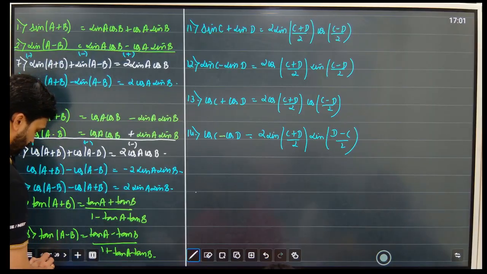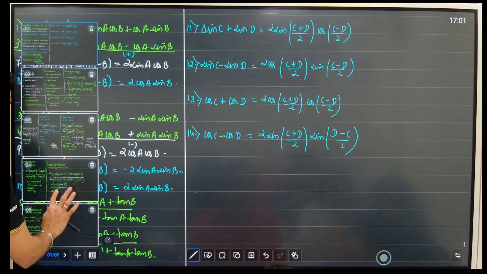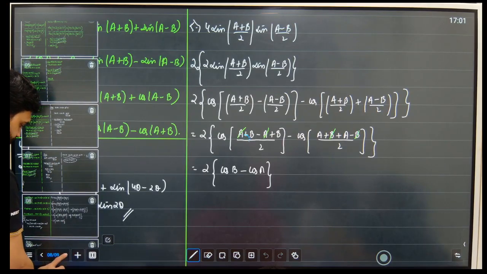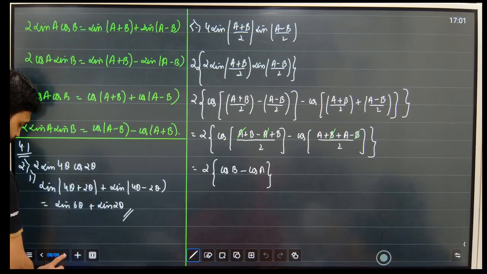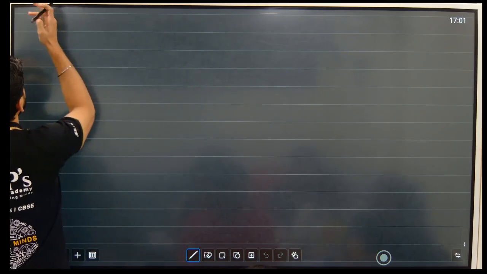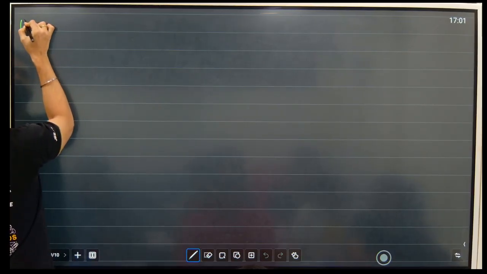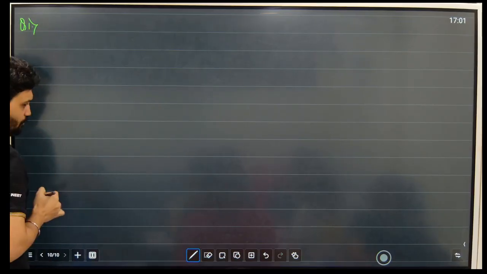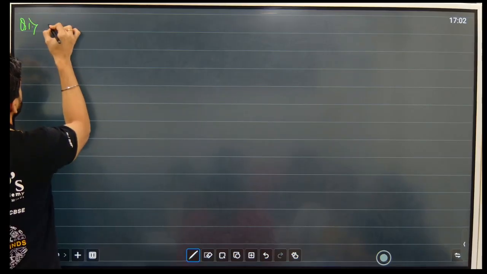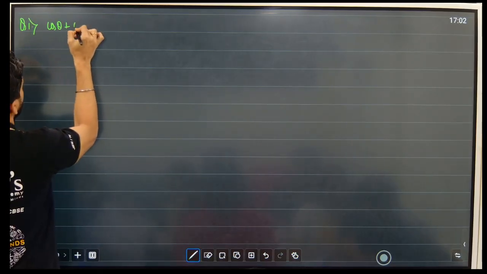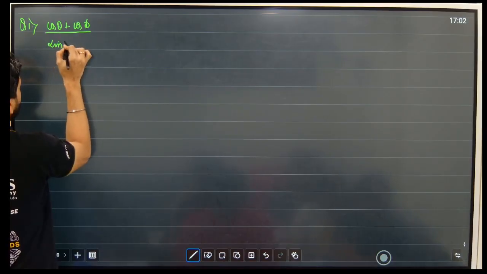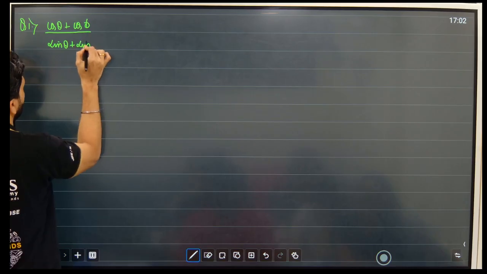Now, since we have written the formulas, let's start with the sums. The first question is (cos θ + cos φ) upon (sin θ + sin φ).